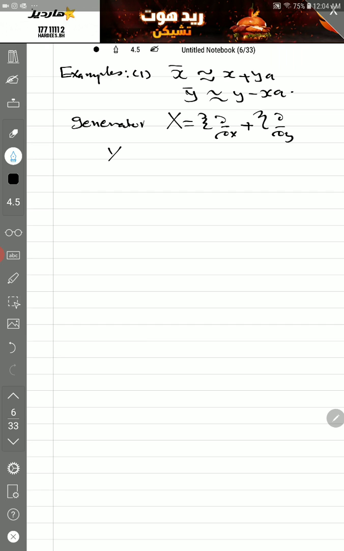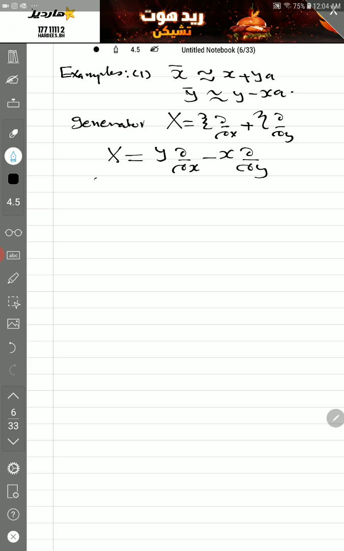From the definition, we can write it exactly as y d by dx minus x d by dy.